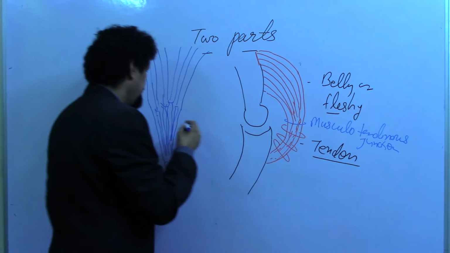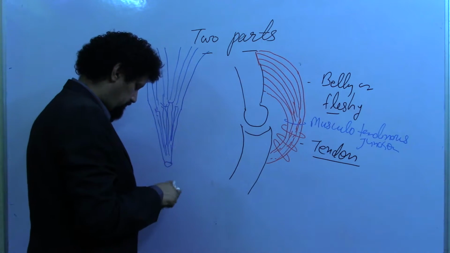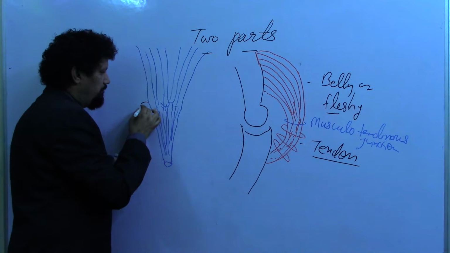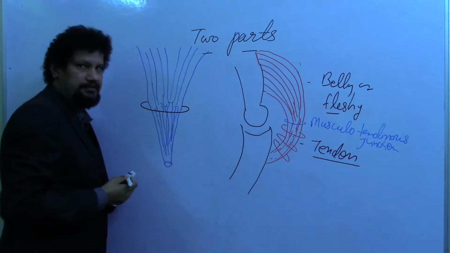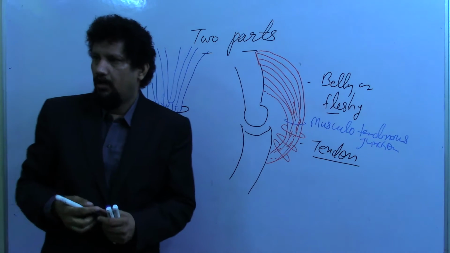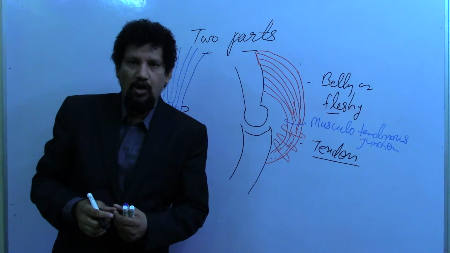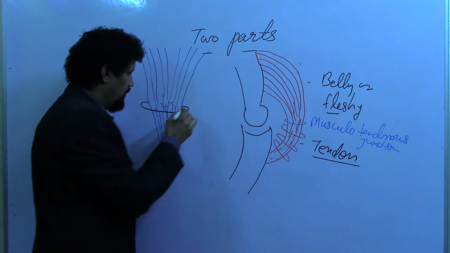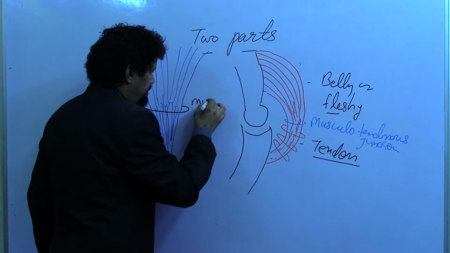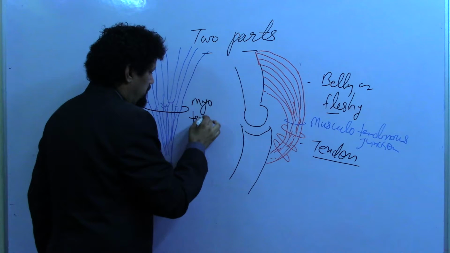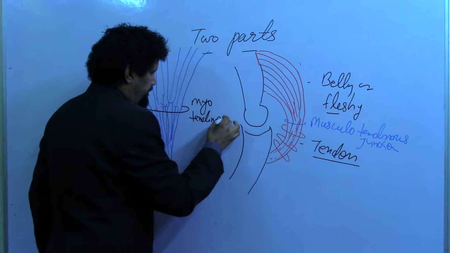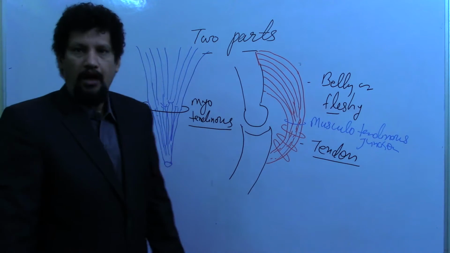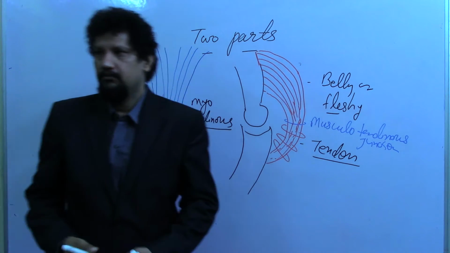This part is the musculo-tendinous junction, or I can say it is known as the myotendinous junction. When I use myo or sarco, I am talking about the skeletal muscle.